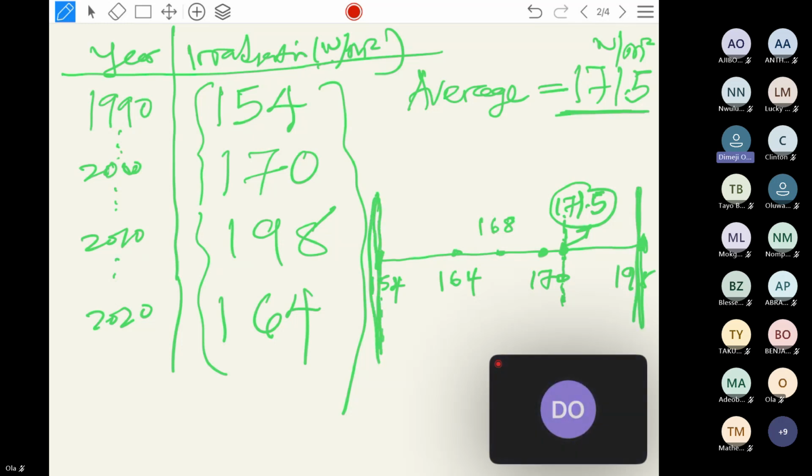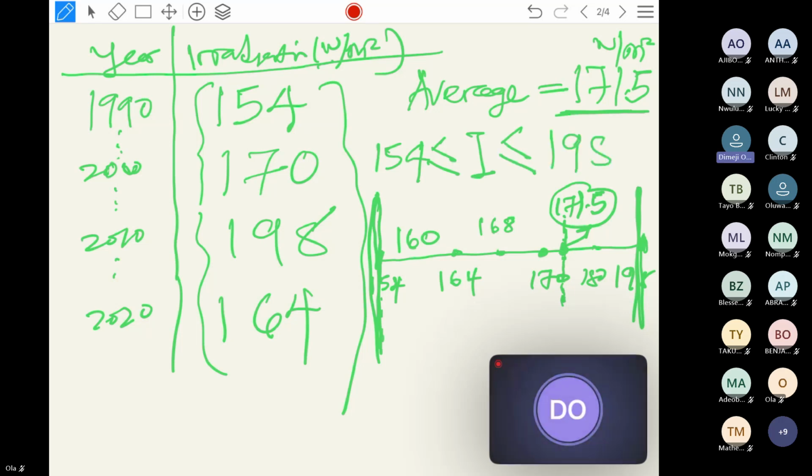Now, the advantage of box uncertainty type is that it gives you the opportunity to consider whatever value falls between 154 and 198, maybe 160, maybe 180, whatever value it is. The solution is so robust to accommodate it. So here we can have 154 is less or equal to I, and I is less or equal to 198.